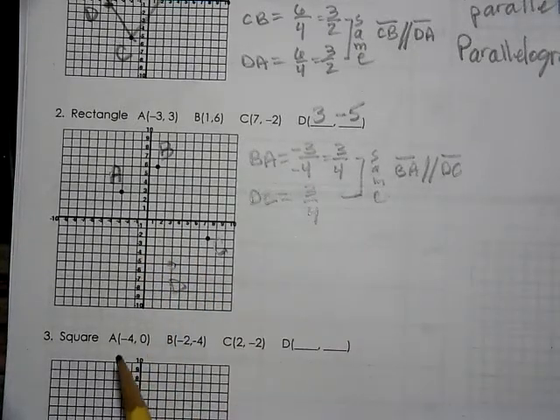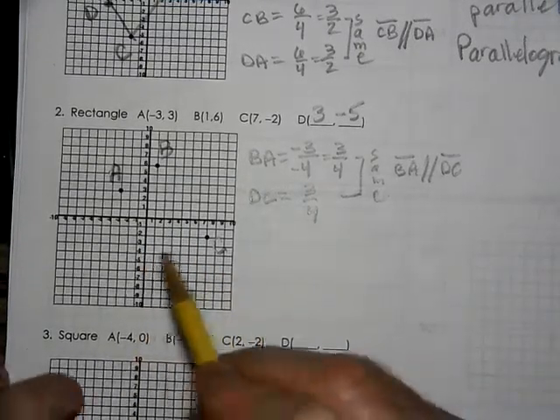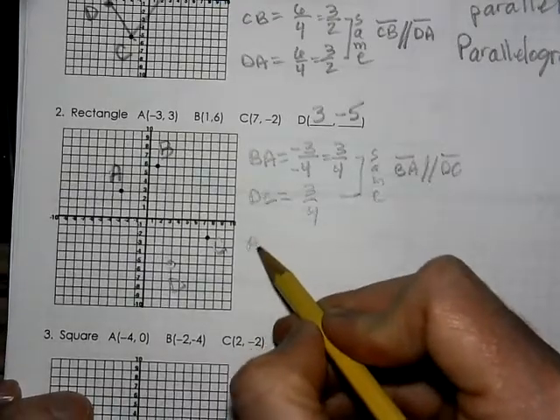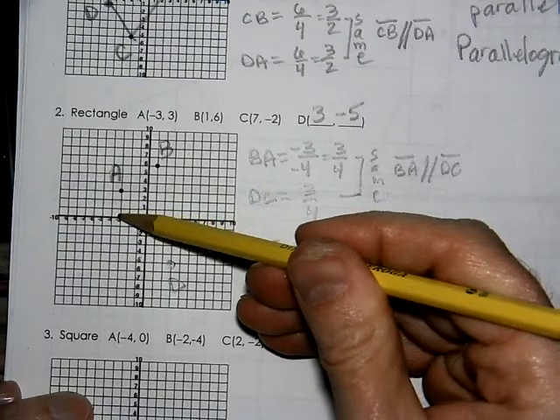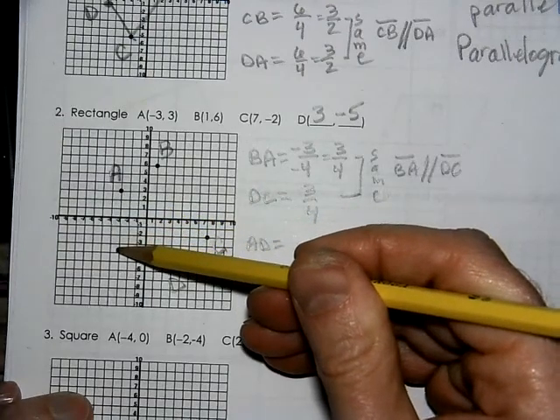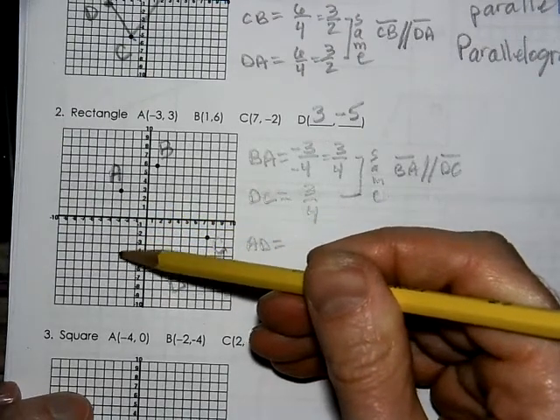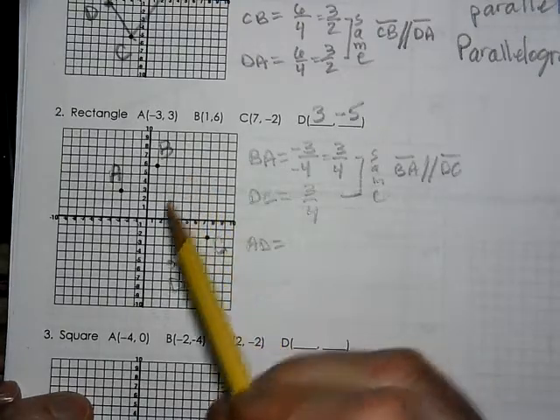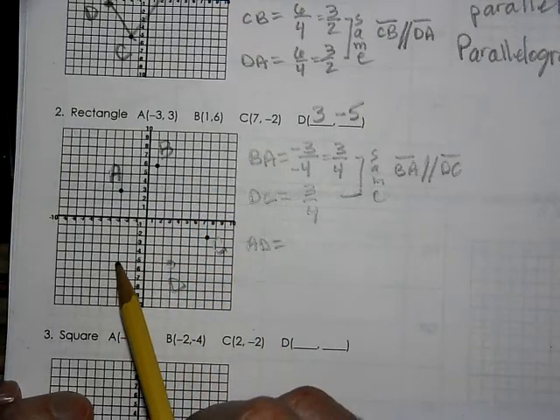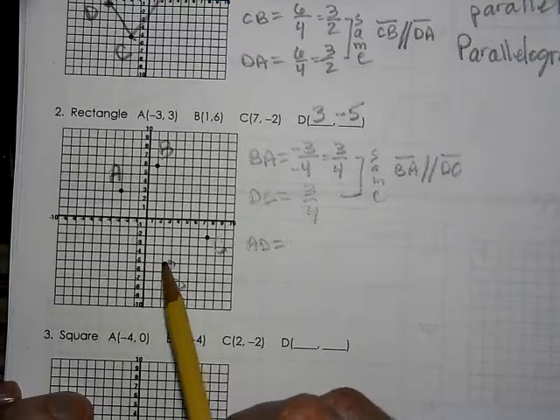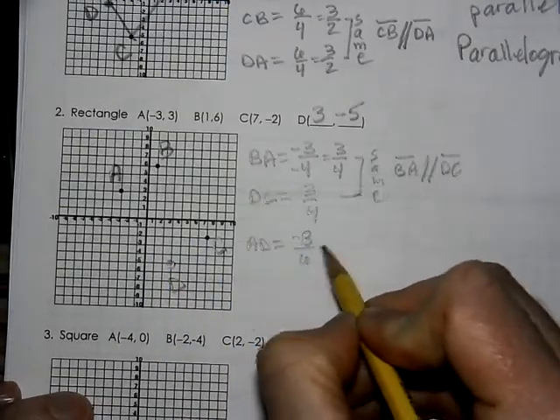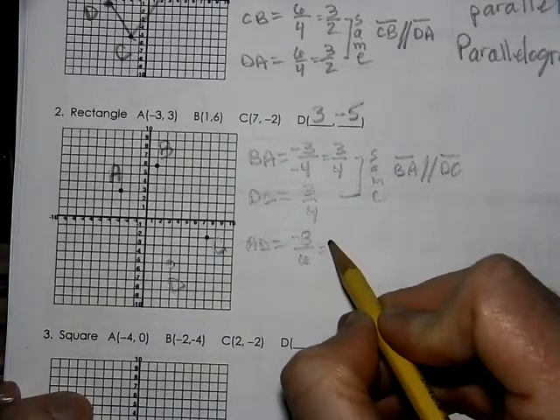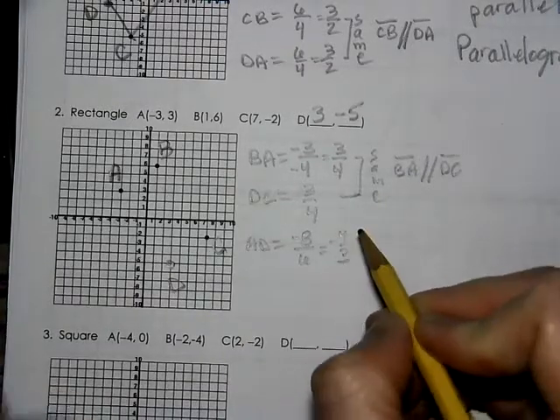Then we'll compare the other sides. AD. So we're down 8/6. So that can be reduced to -4/3.